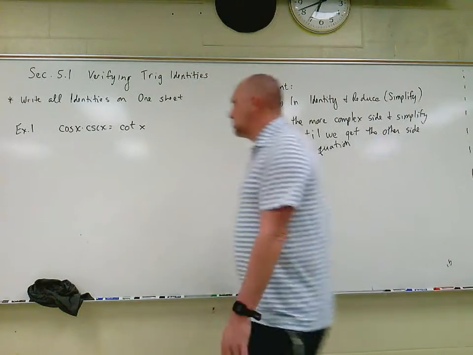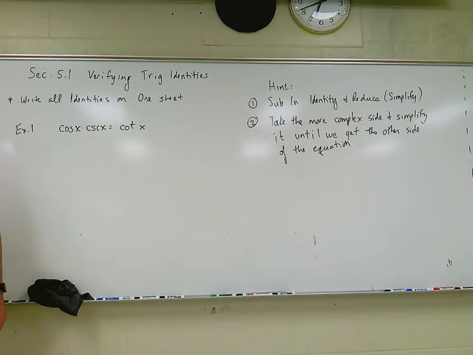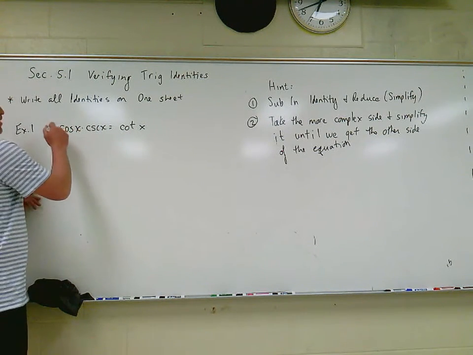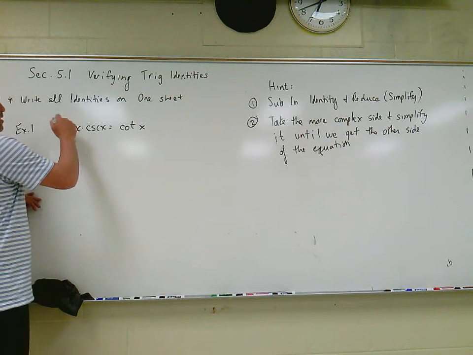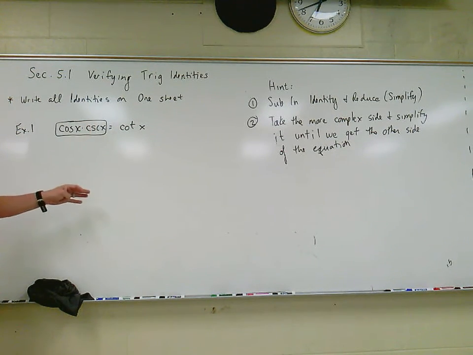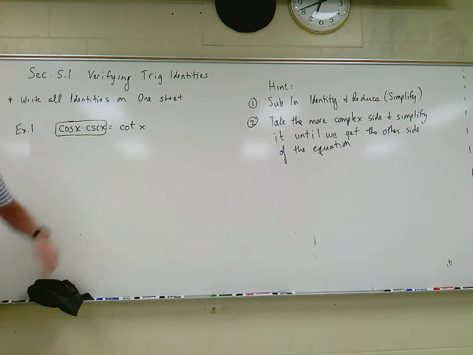So right now, I'm going to prove that cosine times cosecant equals cotangent. I'm going to take the left-hand side as my problem, and see if I can manipulate this using my identities to get cotangent.